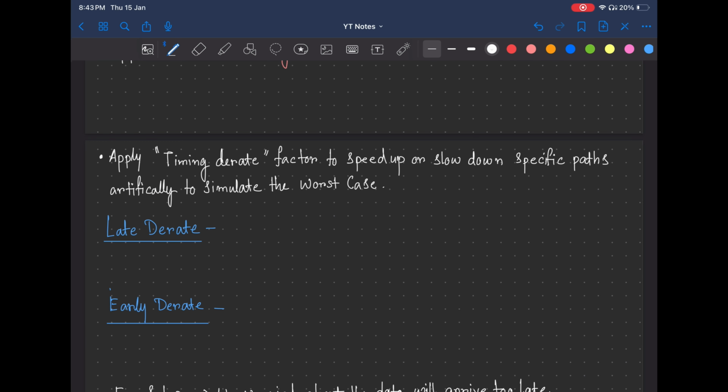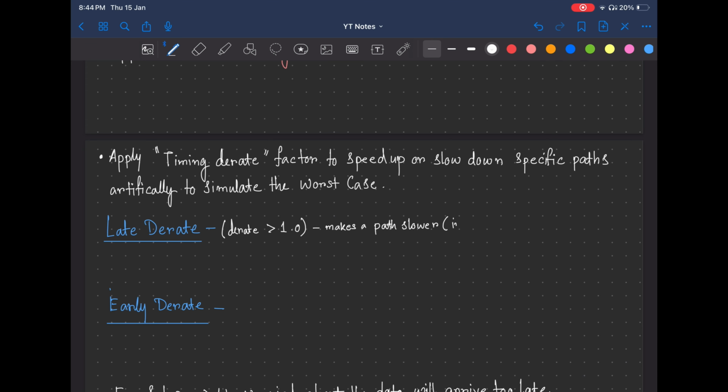There are two types of derate factor: one is a late derate and another is an early derate. So let's understand what the late derate is and what the early derate is. Late derate is a derate greater than 1, and it makes a path slower.